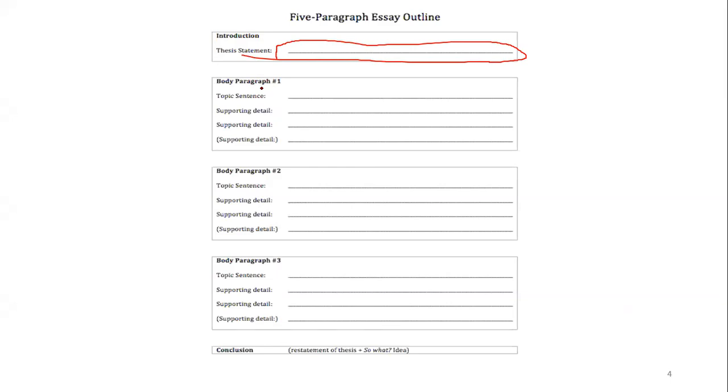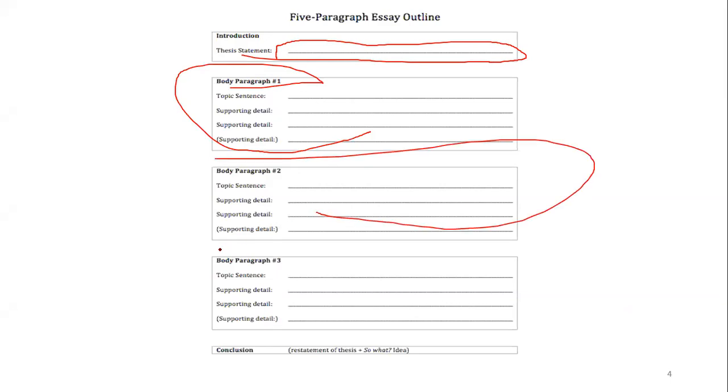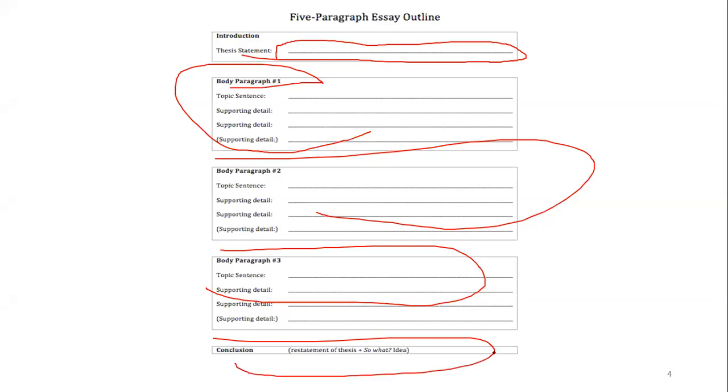Then we have main body paragraph number 1, then main body paragraph number 2, main body paragraph number 3. It can be 4, 5, 6, 7. And at the end we have the concluding paragraph. So this is how an essay outline looks.